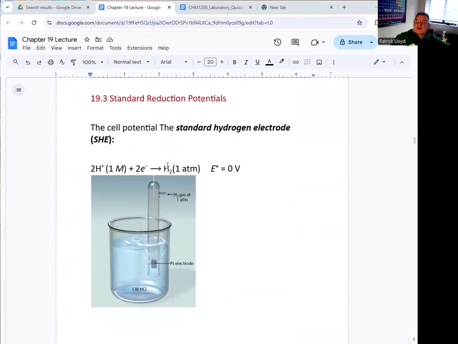Then we go a little bit more into the details of calculations. So we look at what are called standard reduction potentials, which is the idea that if we take one reactant and another and combine them, we can measure an electrical potential, but we want to actually make a table of individual potentials. So we do that using the standard hydrogen electrode.